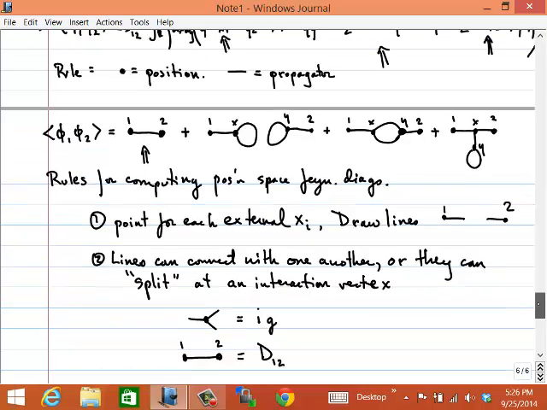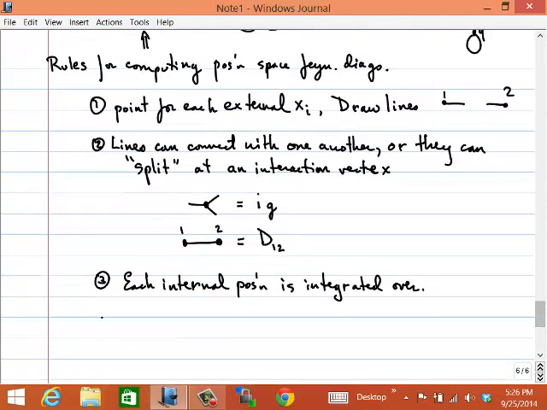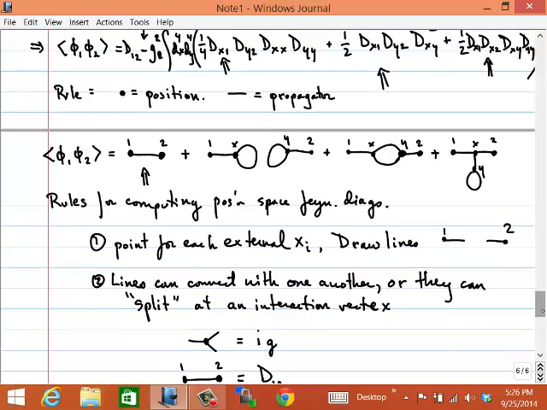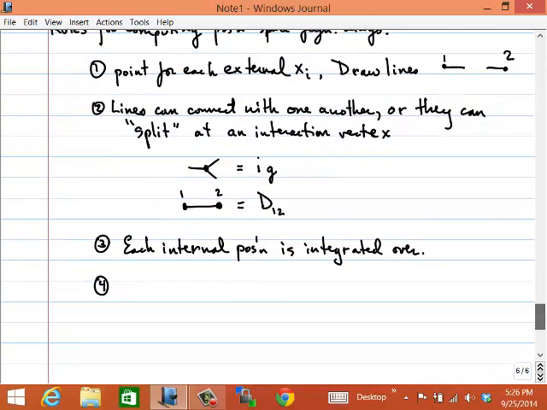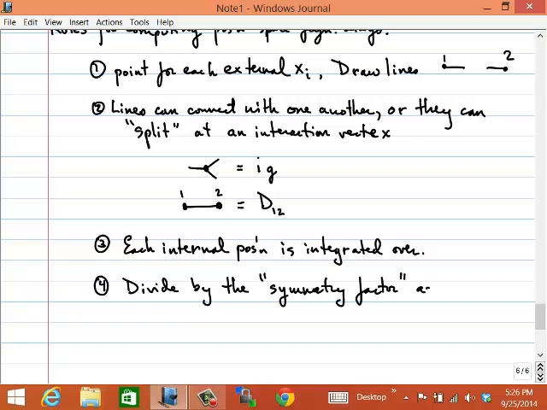And then there's one final rule to determine the numerical coefficient out front, so there's this 1/4 here versus this 1/2, which, and this is the rule that sometimes gives people a little trouble, is that you divide by the symmetry factor associated with a given diagram.